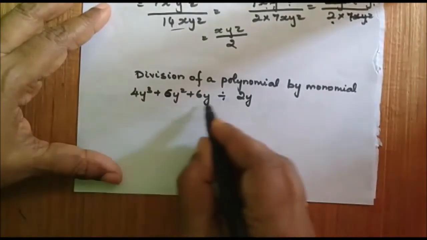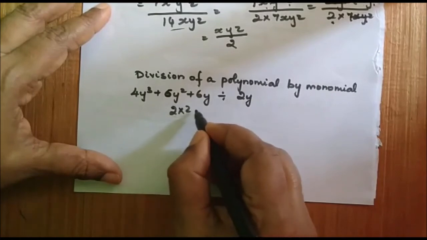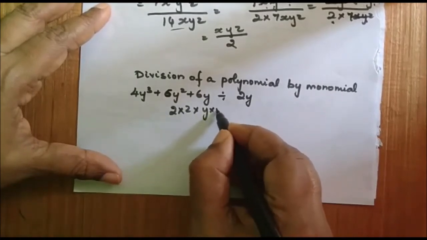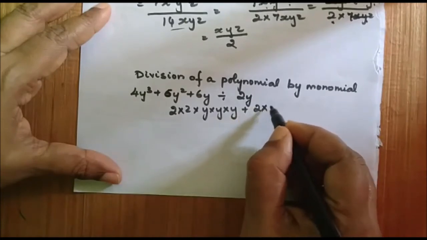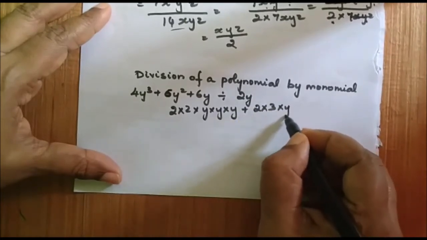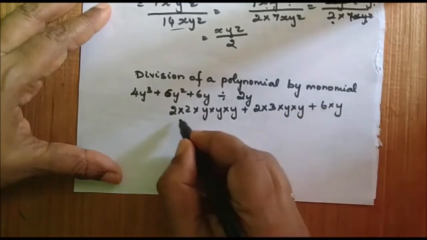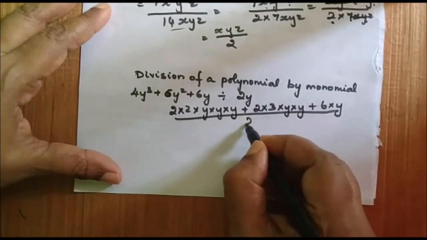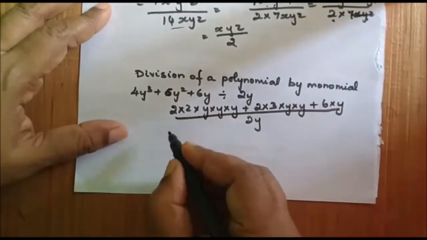Okay. So, how can we write this term? Now, this can be written as 2 into 2 into y into y into y, plus 6 can be written as 2 into 3 into y, plus 6 into y, the whole divided by 2y. Now let me take 2y out from all the terms.